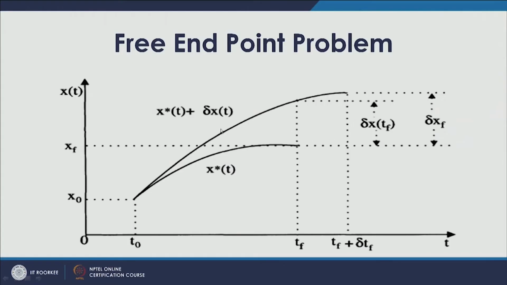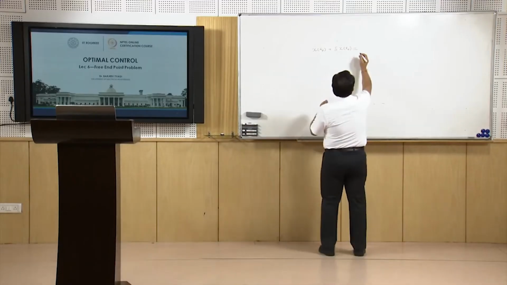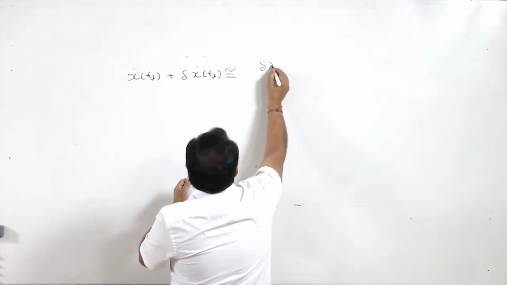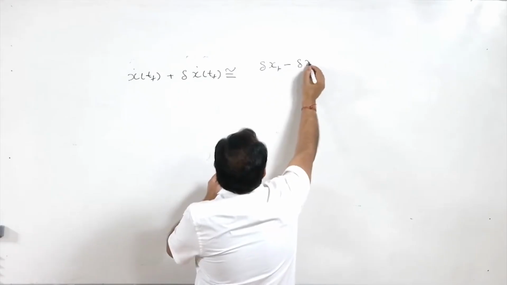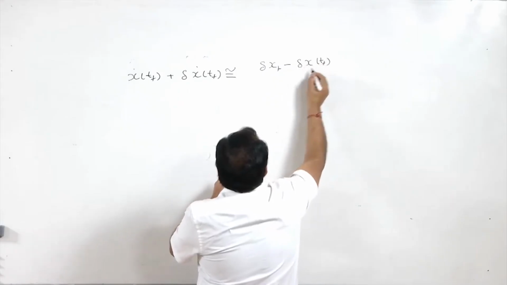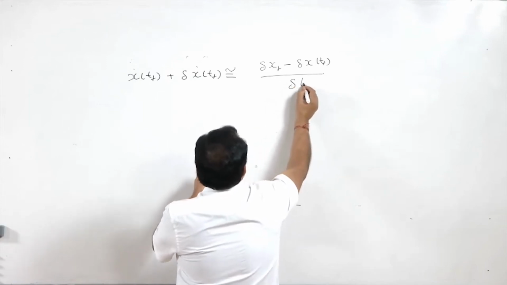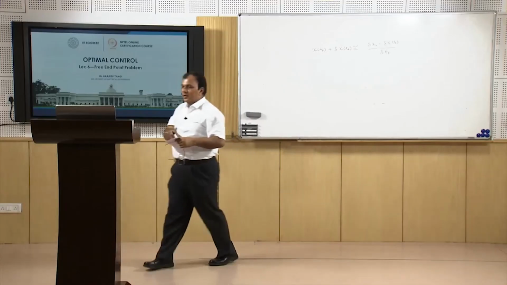Here we are trying to find out x dot plus delta x dot at the Tf point. So, we can approximate this result as delta xf minus delta x of Tf divided by delta Tf.